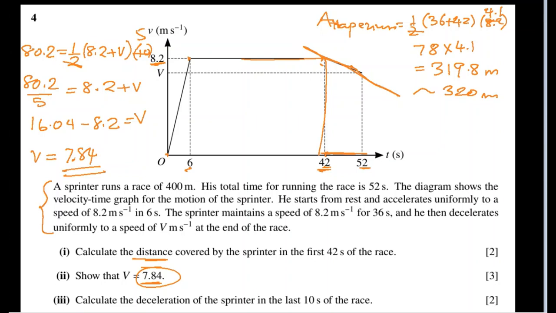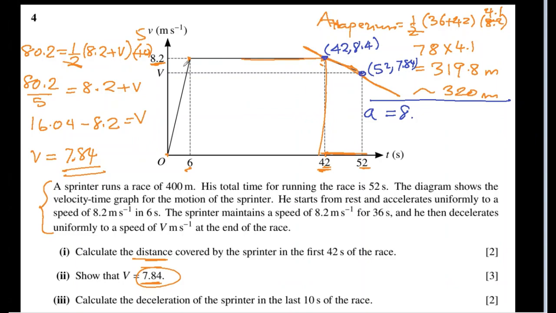To find the gradient, we should know the two coordinates at two places on a line. So let me write the coordinates of these two points. 42 is the t coordinate and 8.2 is the v coordinate. Similarly here it will be 52 comma 7.84, and we have to find the gradient.